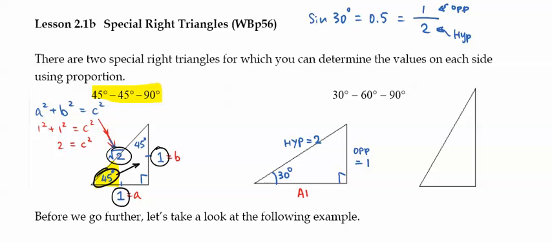If I call this adjacent side a, then a squared plus b squared equals c squared. Solving for a, 4 minus 1 equals 3. The adjacent side would now be square root of 3. And this would be the ratio between these three lines on a 30, 60, 90 right triangle.